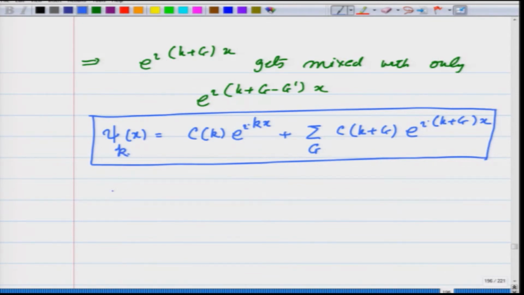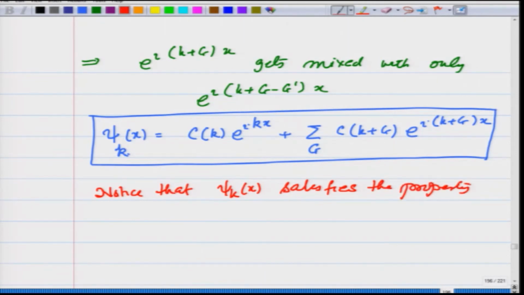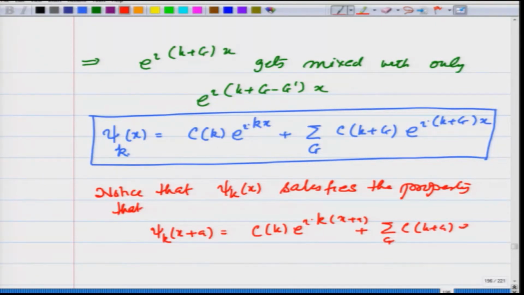These are the wave functions, and notice that psi_k(x) satisfies the property that psi_k(x plus a) is going to be equal to c_k e raised to i k (x plus a) plus summation over g c_(k plus g) e raised to i(k plus g)(x plus a).